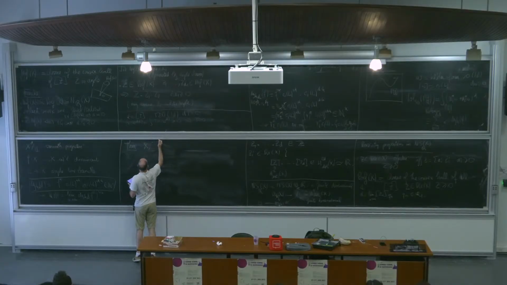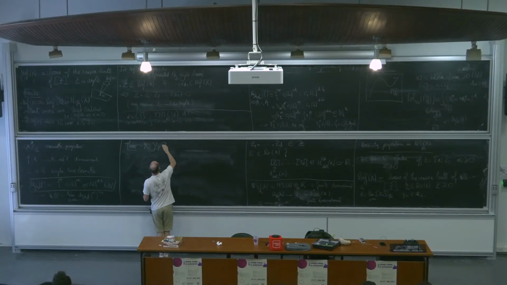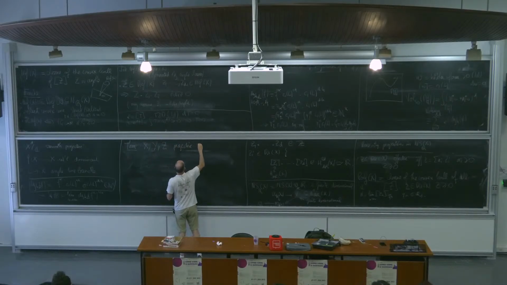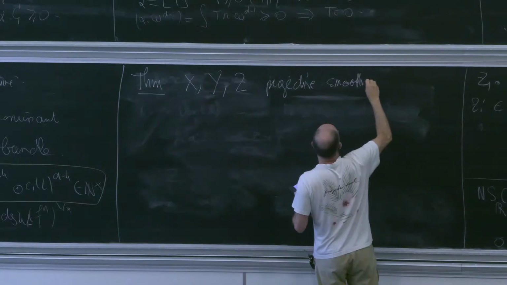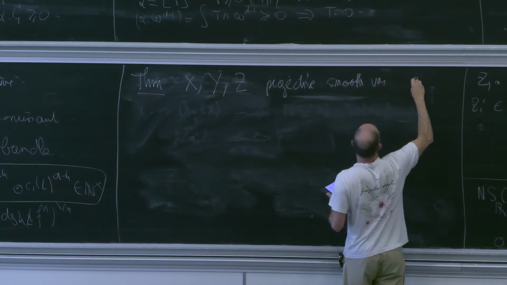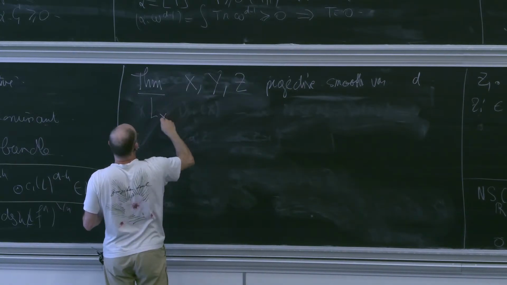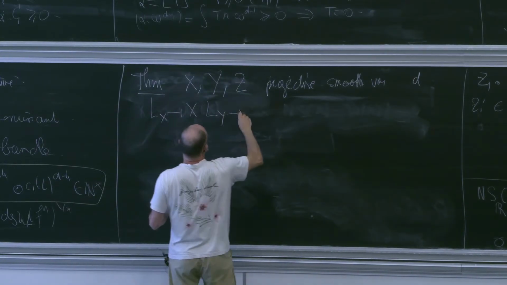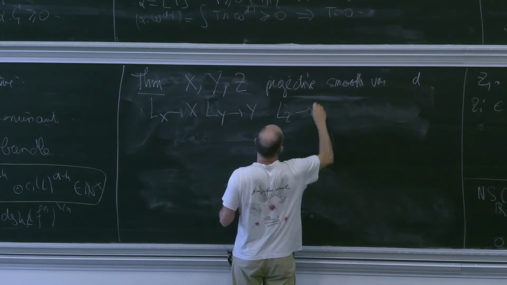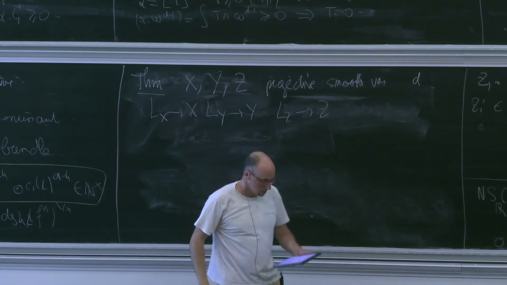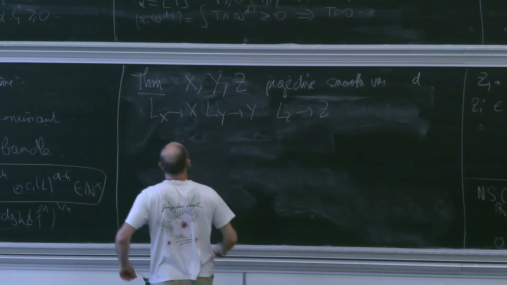So okay, our notation: X, Y, Z projective smooth varieties, all of them of the same dimension d, and then you have ample line bundles Lx, Ly, Lz. And so the statement is like this.